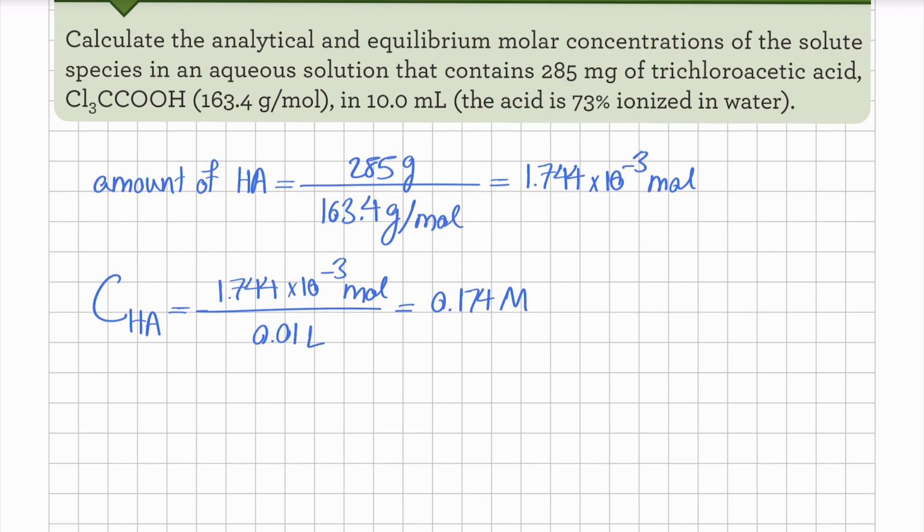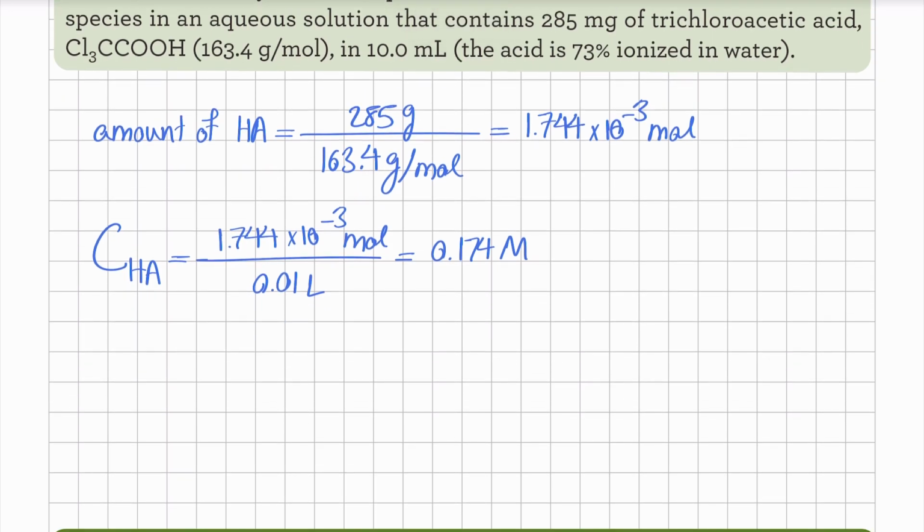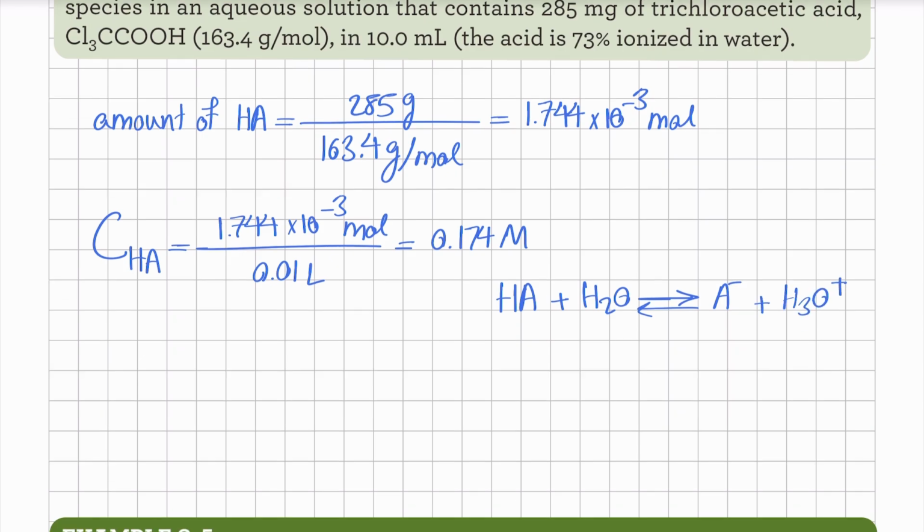As it is shown in the question, it says the acid is 73% ionized in the water. We can say that our acid, HA, reacting with water, the products are going to be A minus ion plus hydronium ion.